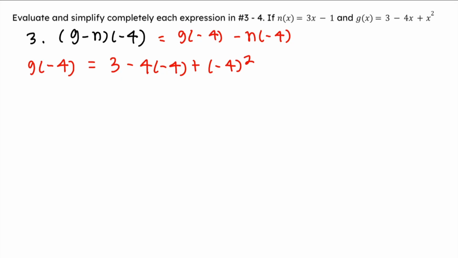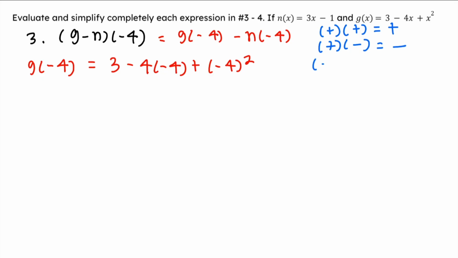Now, I'm going to go on a little tangent here real quick. Let's say we have a positive number, these are parentheses by the way, a positive number multiplied by a positive number. What is that going to be equal to? A positive or a negative number? That would be a positive number. Now let's say we have a positive times a negative number. What is that equal to? That would be a negative number.